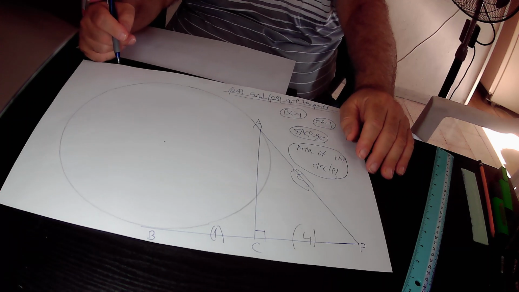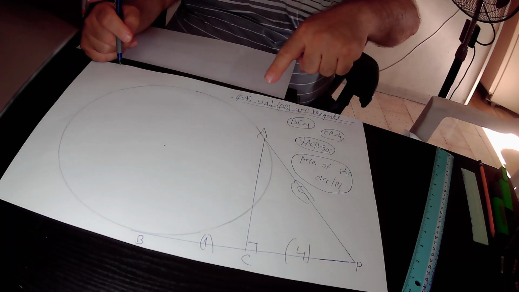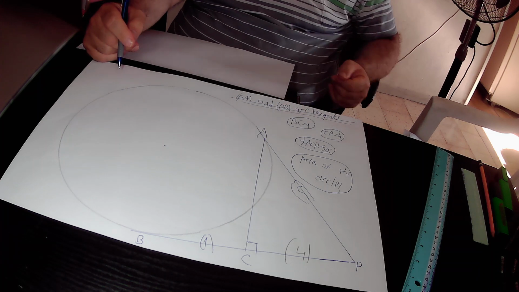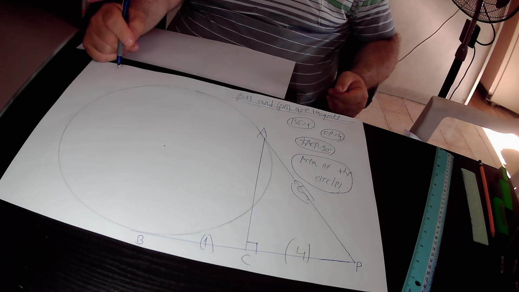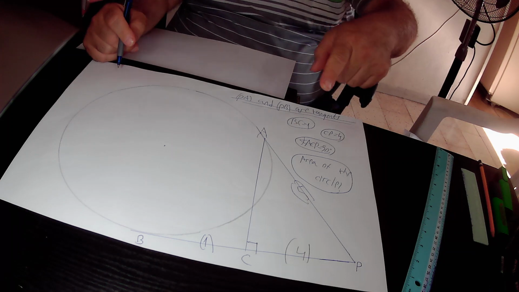In the next step, I'll copy the right triangle APC to a new page, and we'll implement the Pythagorean theorem on this right triangle APC.